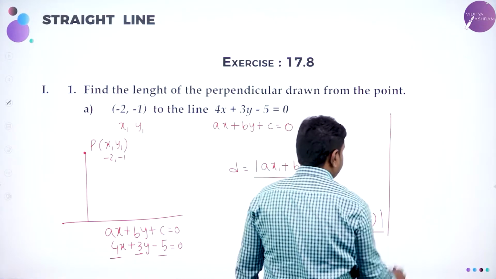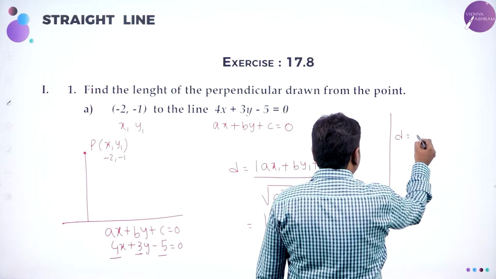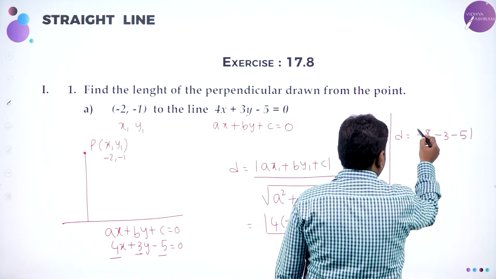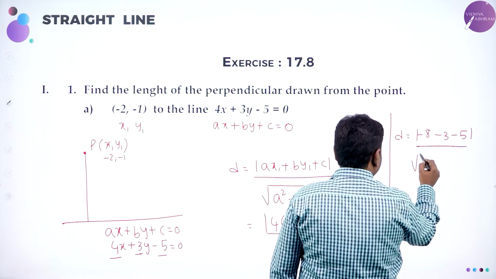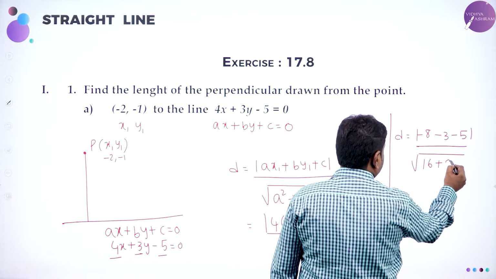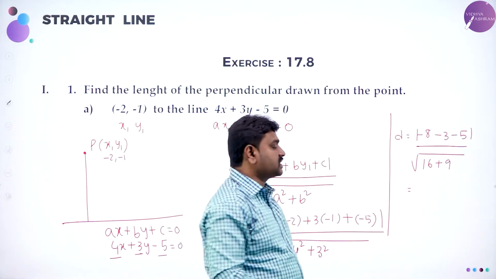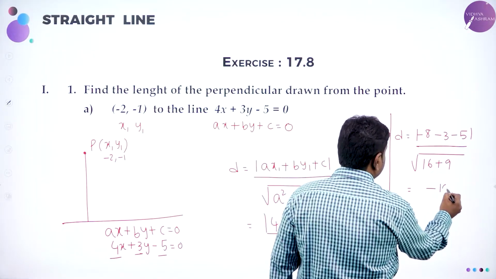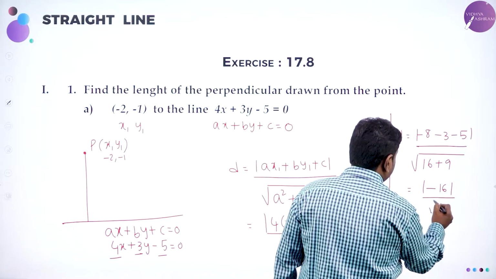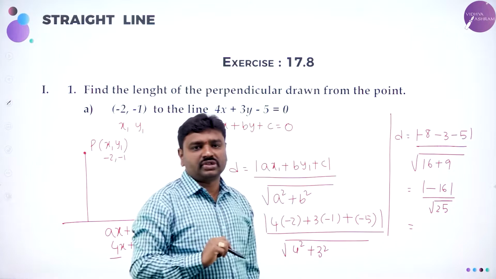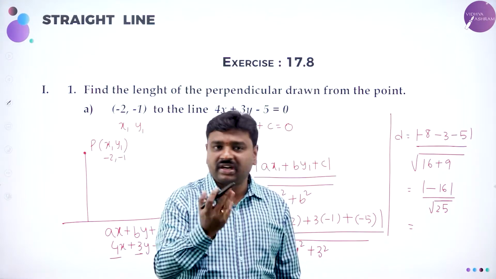Simplify this. So d is equal to modulus of minus 8 minus 3 minus 5 divided by root of 16 plus 9. So minus 8 minus 3 is minus 11, minus 11 minus 5 is minus 16, modulus, divided by root 25. See, modulus means if it is negative, make it positive, because distance or length cannot be negative.